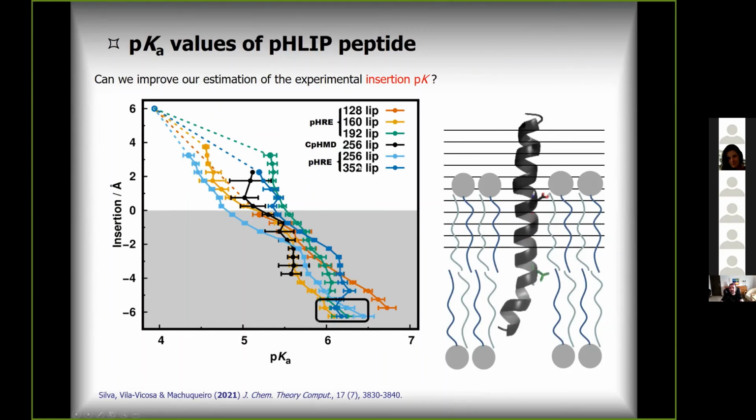We used different sizes because the peptide is very large. We didn't know how many lipids we required. And we just found out that, okay, as long as you don't choose 128, which is a very small membrane patch, all the others converge.